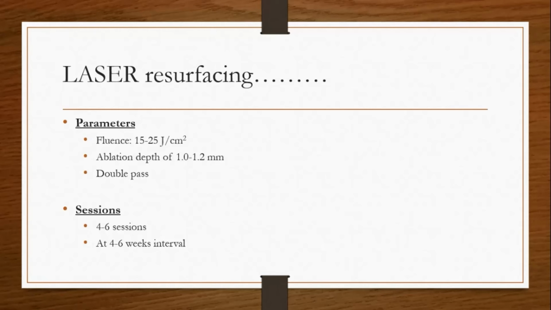That is generally the recommended treatment schedule for acne scar. But in my personal opinion and experience, even microneedling is equally effective as compared to laser resurfacing. I have just recently started using laser resurfacing, but microneedling is a quite promising and cost-effective way of treating acne scar. Next, please.